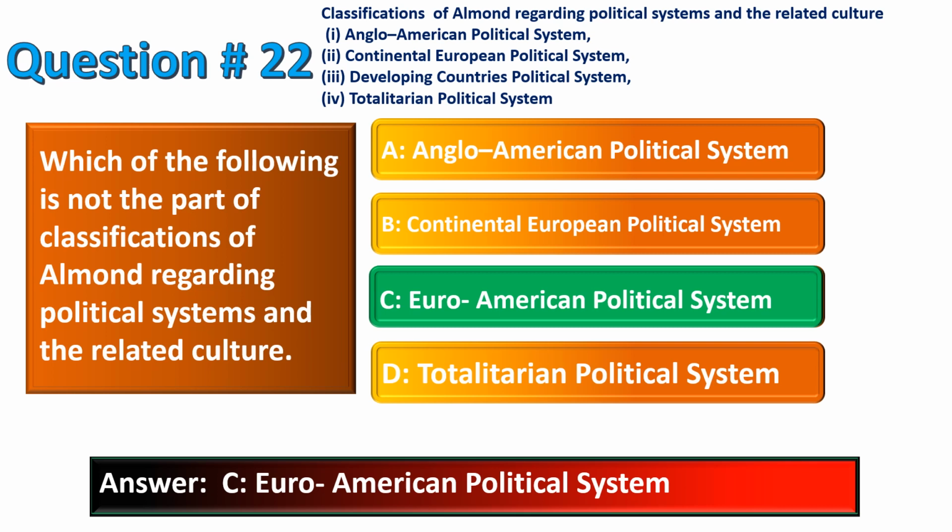Almond's classification of political system and the related culture is also very important from the exam perspective. So you must know all the classifications: Anglo-American political system, continental European political system, developing countries political system, totalitarian political system.